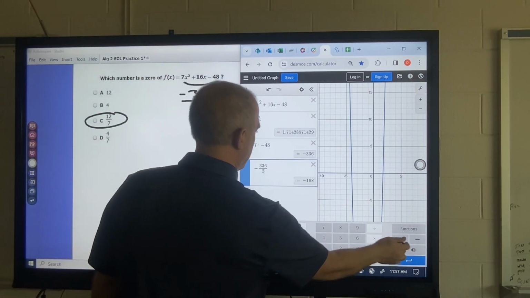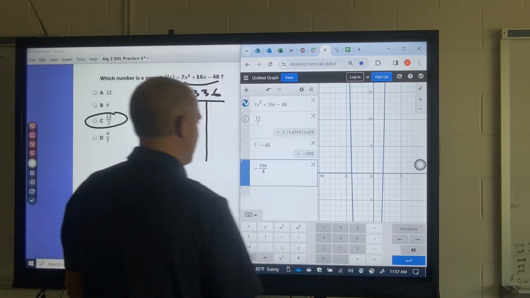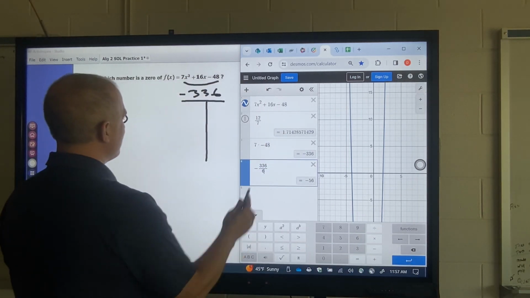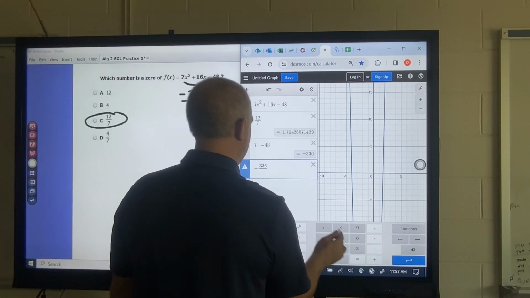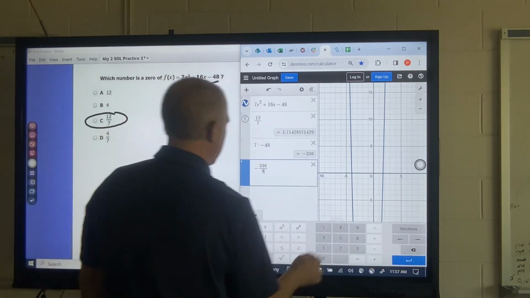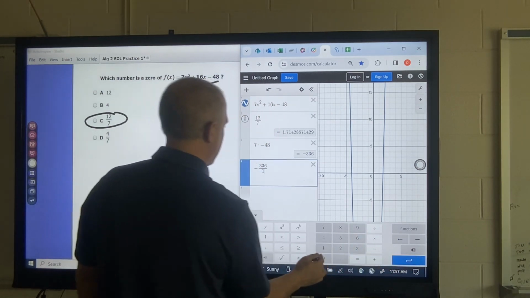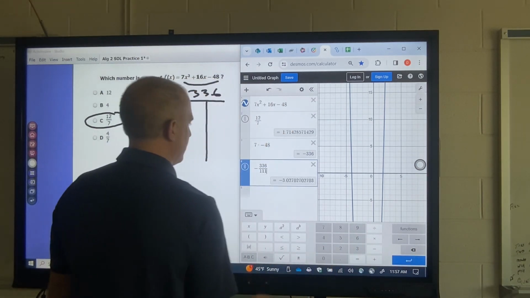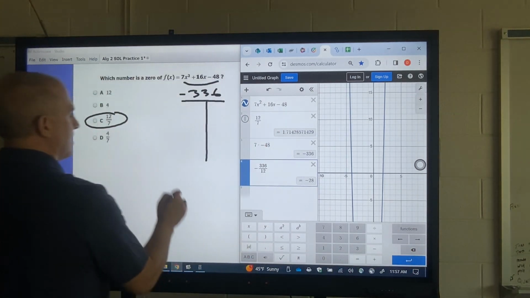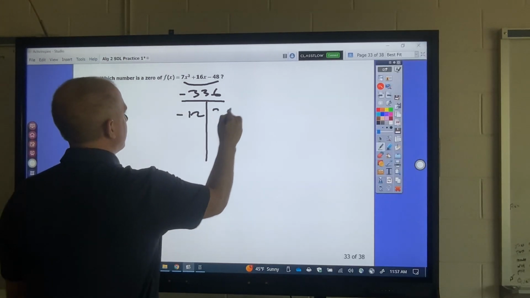Divided by 2, that's probably not going to work. 3, that's not going to give me 16. 4, no. 5, no. 6, still too big of a gap. 7, that and that, nope, not quite. 8, getting there. 9, 10, 11, 12. That's actually what it would be, negative 12 and positive 28.